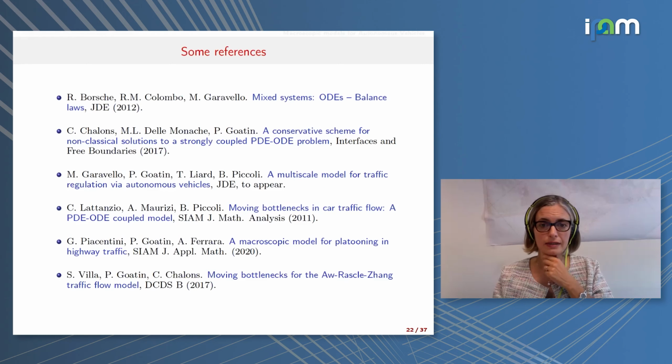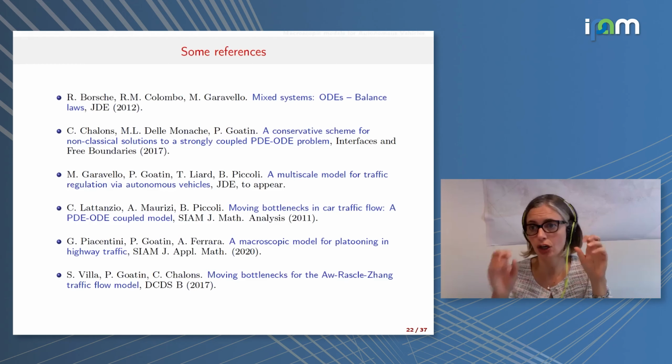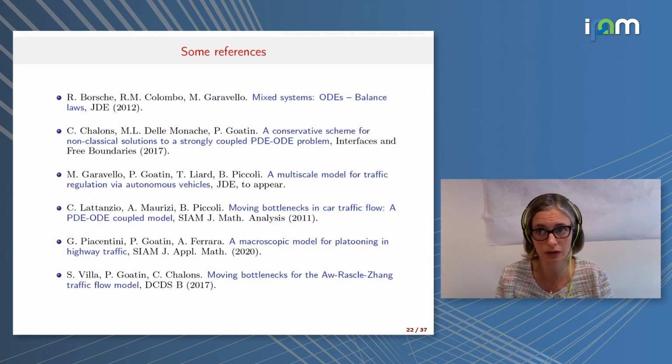Then there is the issue of the numerical simulation, because the presence of this non-classical shock at the vehicle position means that the classical Godunov scheme or CTM model doesn't work properly, because they are not intended to capture this type of discontinuity.